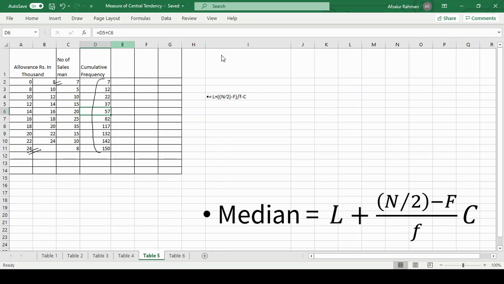So 150 divided by 2 is equal to 75. Now where will 75 lie? Up to this cell it is 57, and after that it is 82. So 75 lies in this cell, in this group.